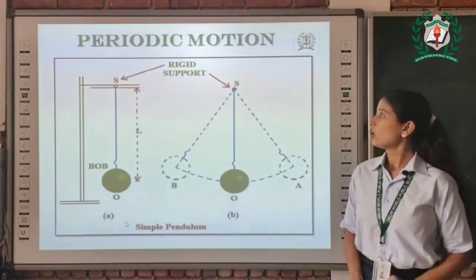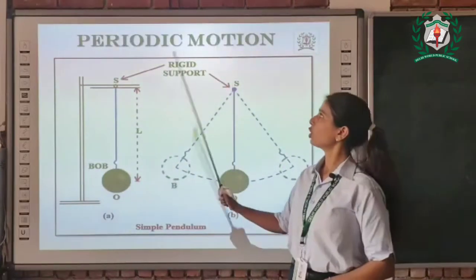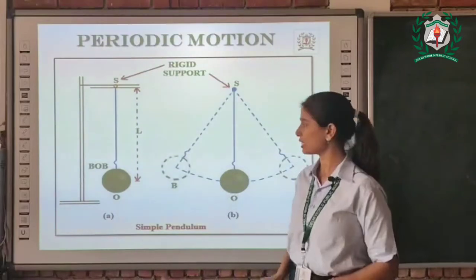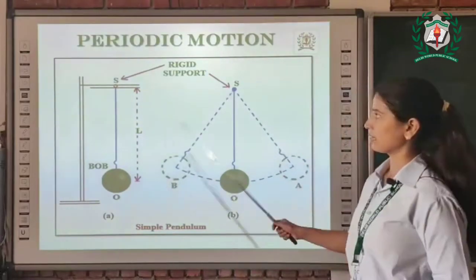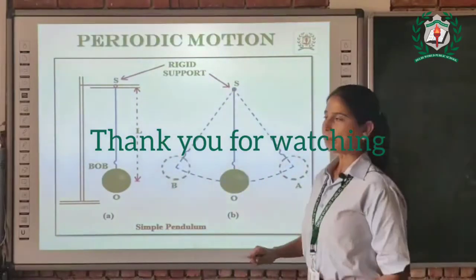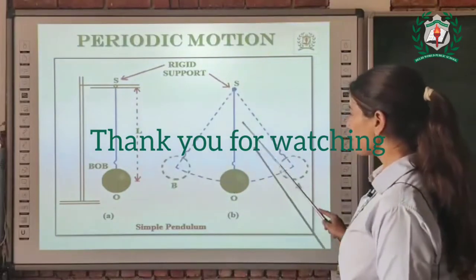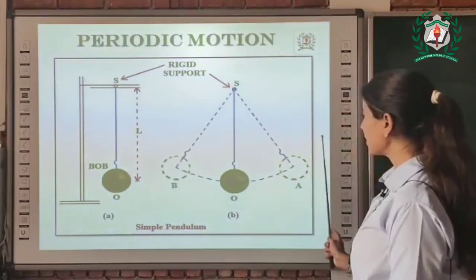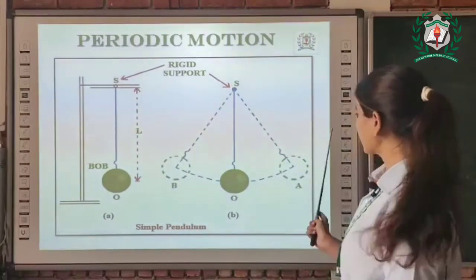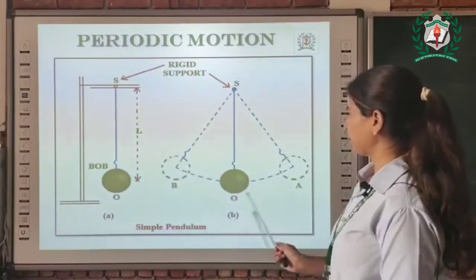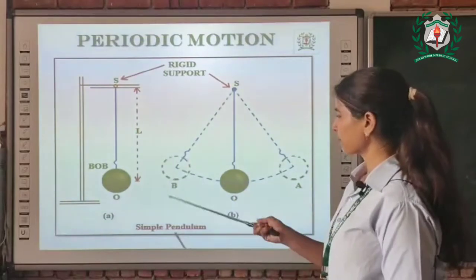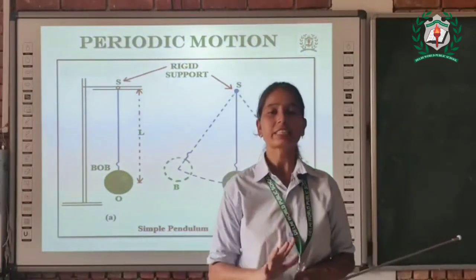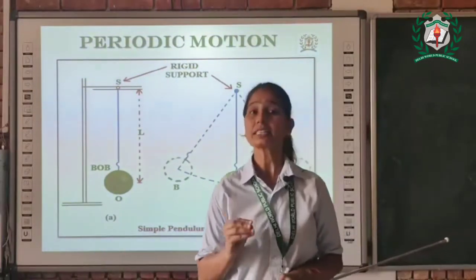Now we'll talk about periodic motion. As you can see, there is a pendulum here, and it keeps moving from here to here repeatedly. But firstly, we'll discuss a simple pendulum.